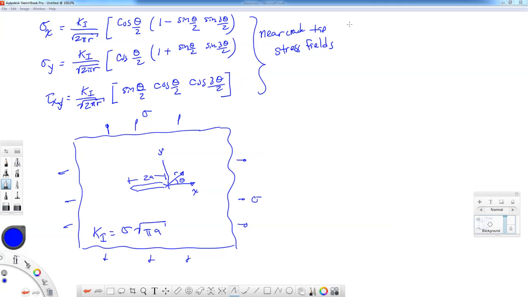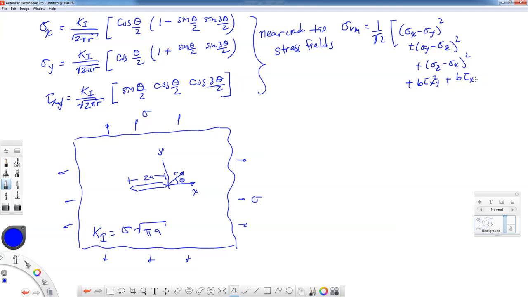So let's refresh our memory on what the von Mises stress is. We have 1 over the square root of 2, times sigma x minus sigma y squared plus sigma y minus sigma z squared plus sigma z minus sigma x squared plus 6 times each of the shearing stresses squared, and that whole thing to the 1/2 power.